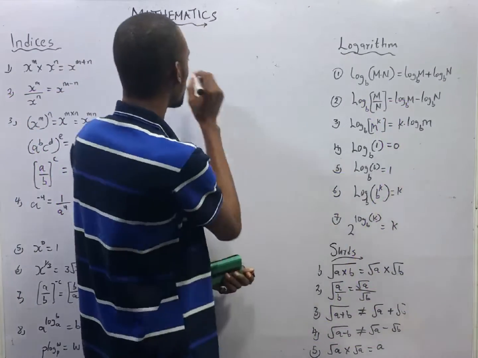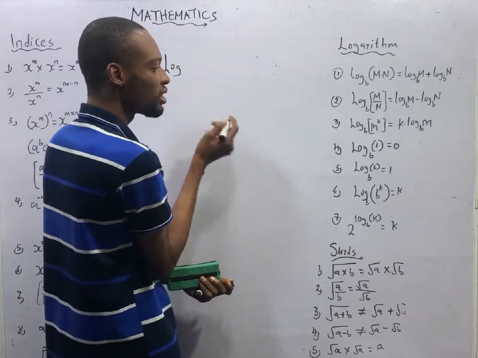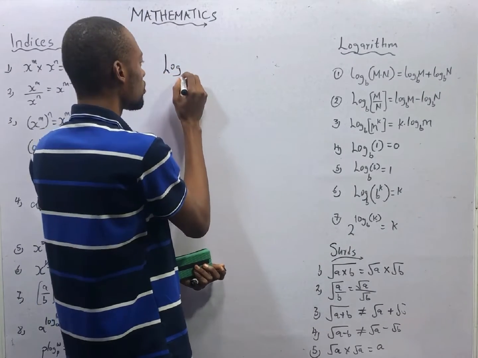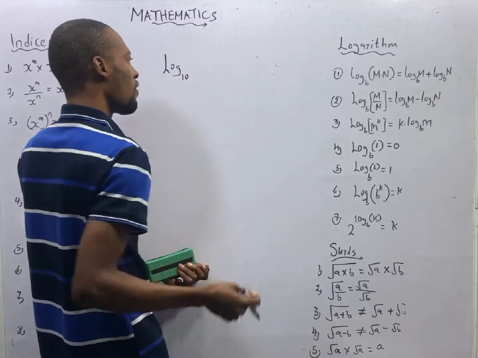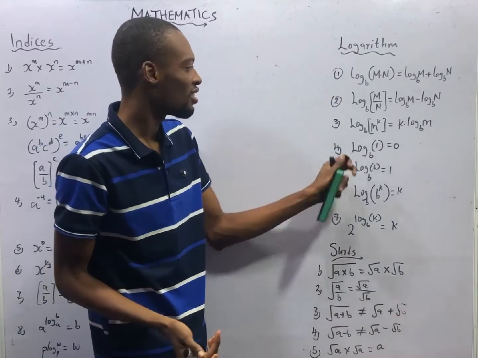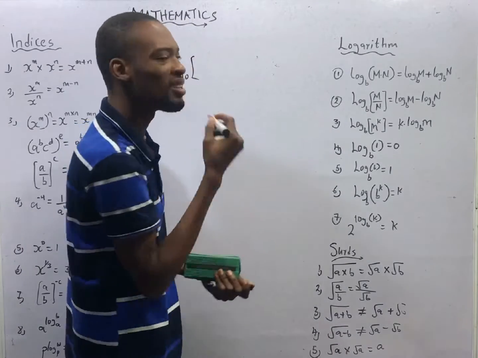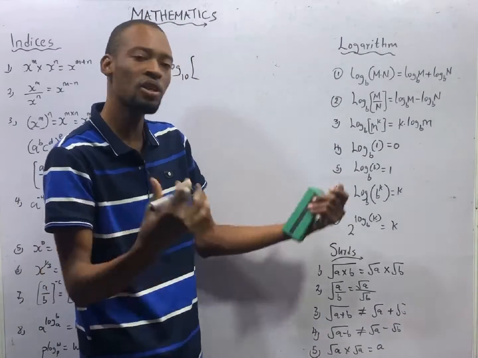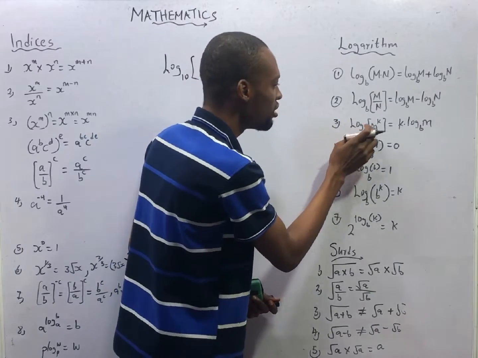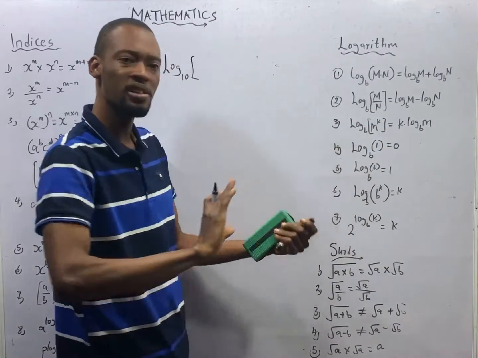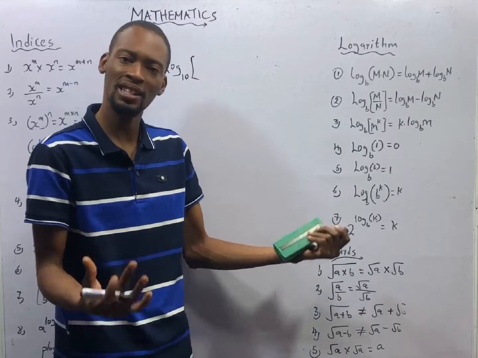If you have log to base, let's say base 10, the base can be anything, and m raised to the power of k. So what do we call m? Let's call m 5. It can be any number. These values you are seeing, b, m, k, whatever, they mean different numbers. So you can use any number you like.